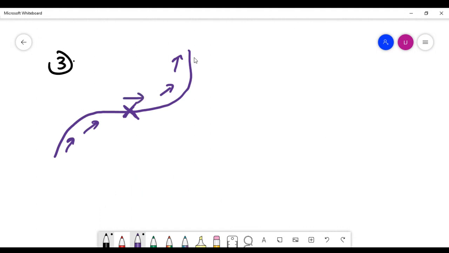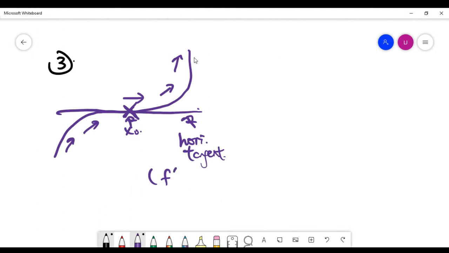If you draw the tangent line at this point, once again it is a horizontal tangent, which implies that f prime at x naught is 0, which is a critical number, obviously.